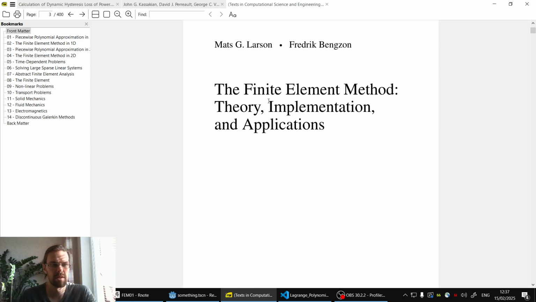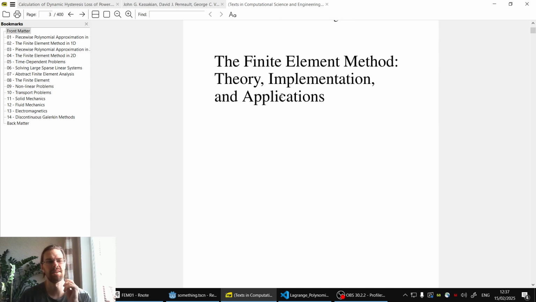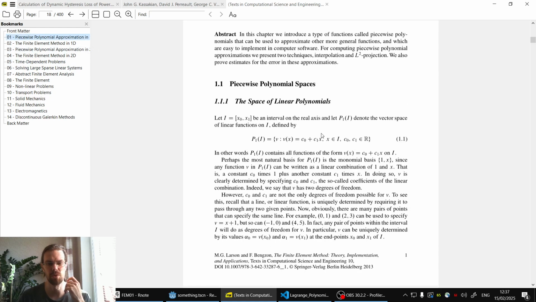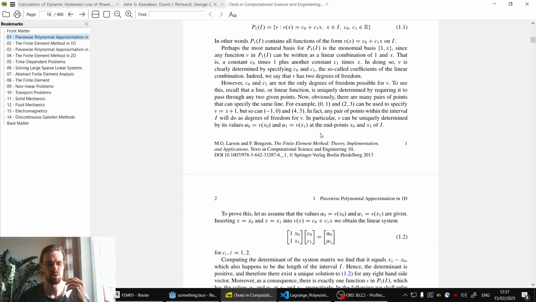But I found this amazing book, by Larson, and they basically go through all the theory with no hardcore math, but still they have some abstract ideas, in fact a lot, because this is FEM, that's how it's built.